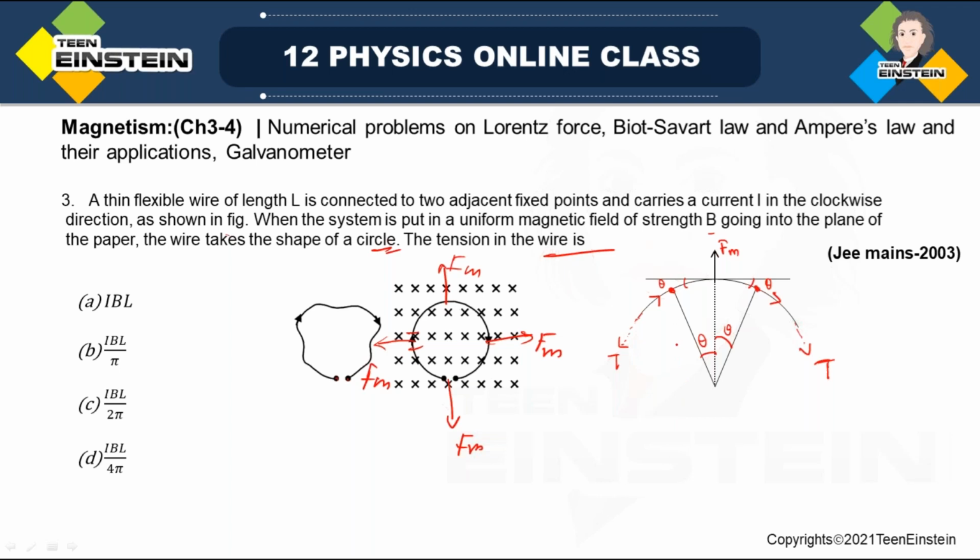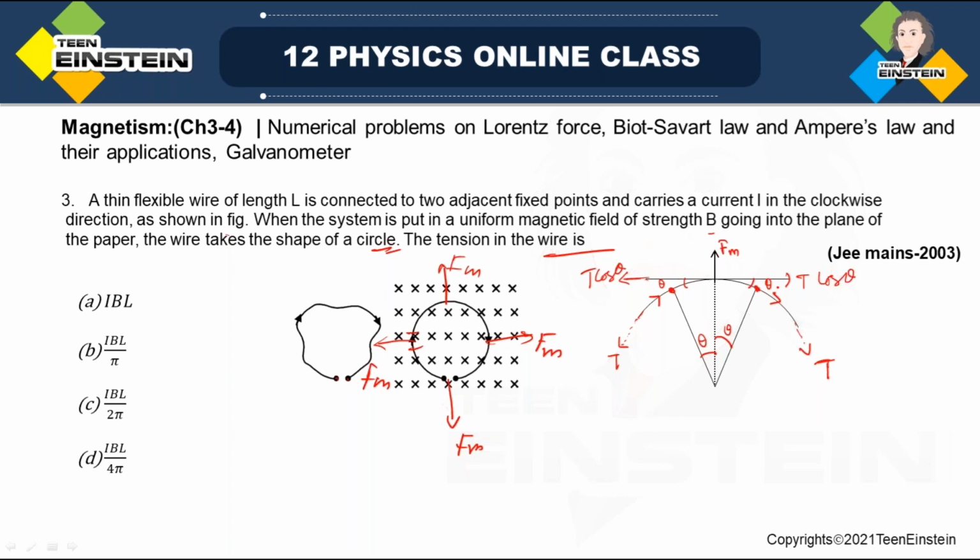Now the tension is along this way, that means it can be broken into two components, one along this direction, another along this direction. So if you look at the cos theta component here, it will be T cos theta, and for this particular point this way it is T cos theta.